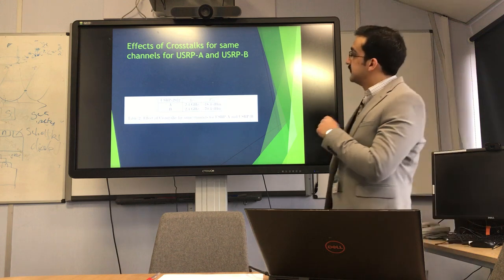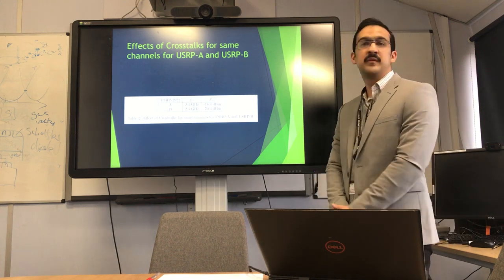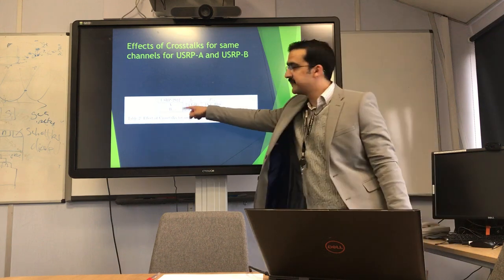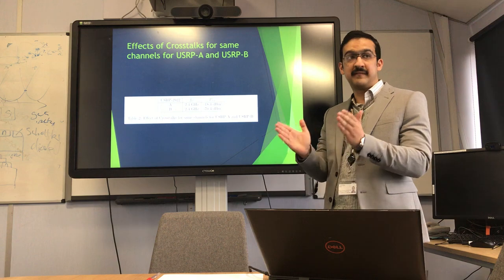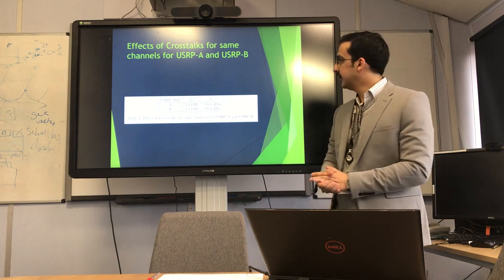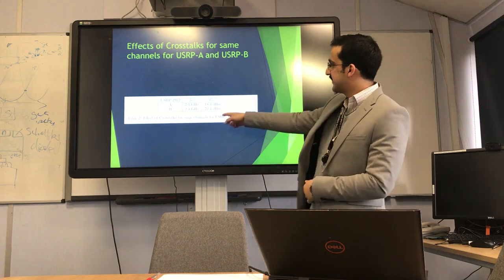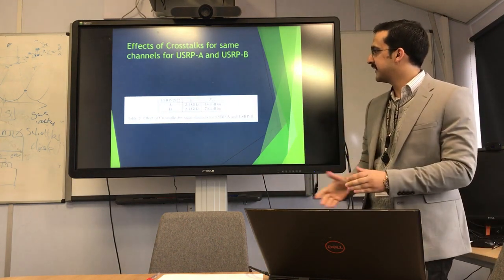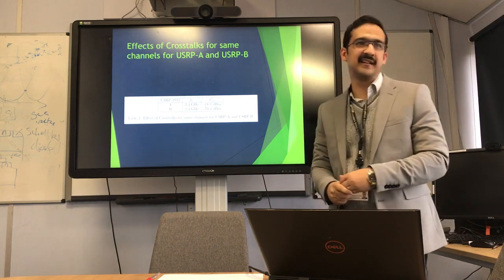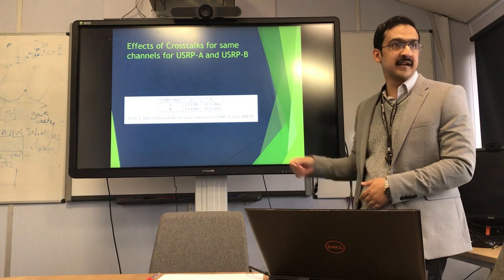Now this table is for the USRP 2922. These are two different devices, one is A and one is B, but having the same model, same characteristics and same specifications. You can see that one of them has minus 18.4 dBm and the other is minus 7. So you could say one of them is garbage, it's not working at all.